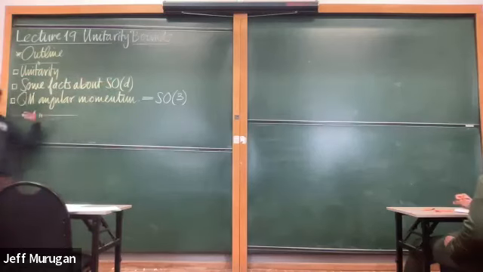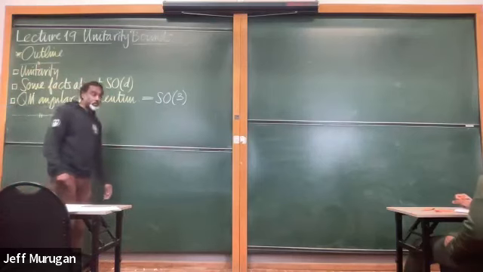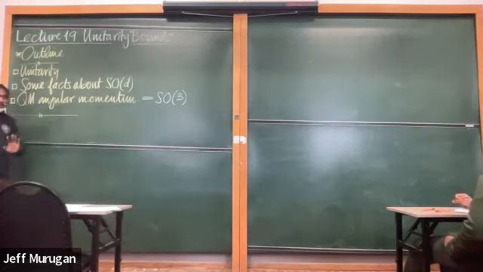We're going to use that positivity of the norm of the vectors to bound the scaling dimension of these operators. So we're going to see that not all scaling dimensions are allowed. Scaling dimensions, remember, are the eigenvalues of the dilatation operator, so not all eigenvalues are allowed.